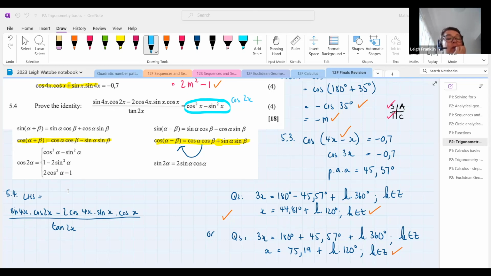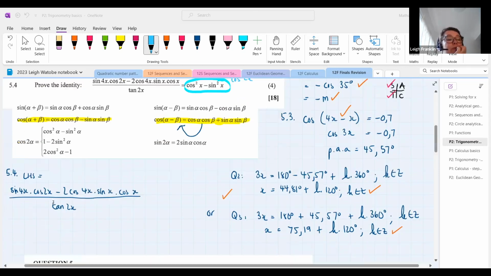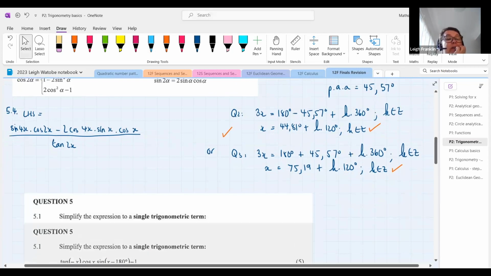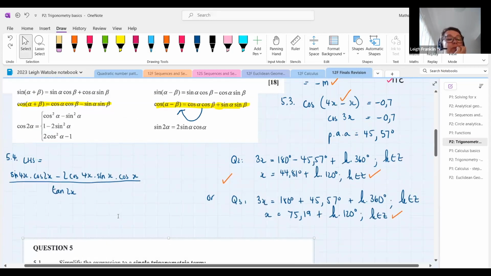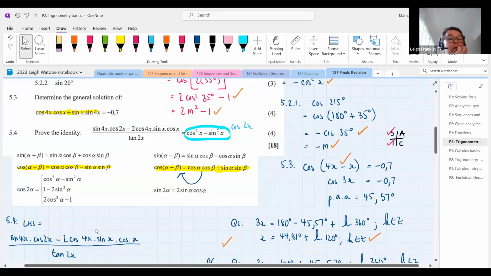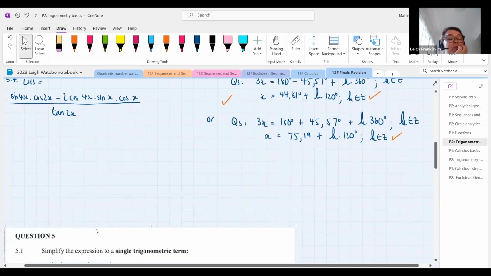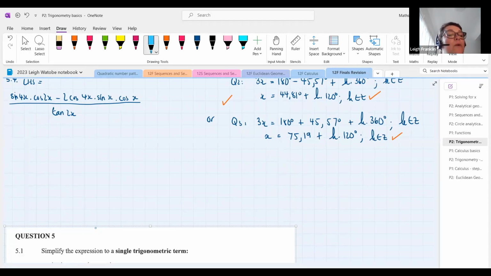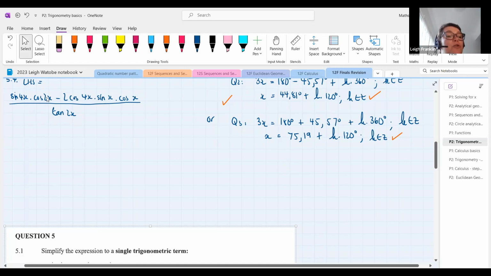All right. So let's go and have a look at this a little bit more closely. Let's move this down. Sorry, everybody. And let's scrutinize this a bit closer. Okay, so we've got sine 4x cos 2x, and then we've got minus 2 cos 4x sine x cos x, right, over tan 2x. So we can't cancel terms.